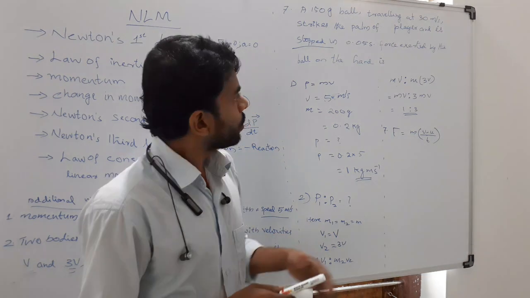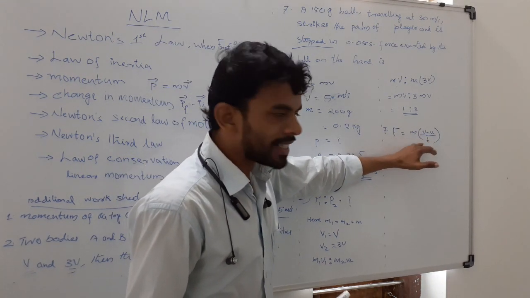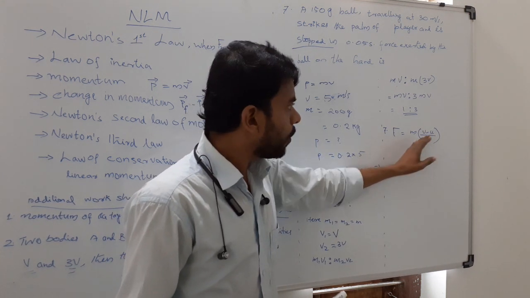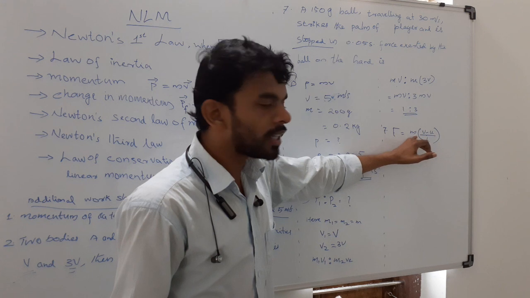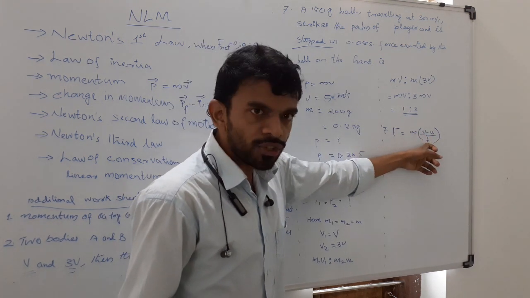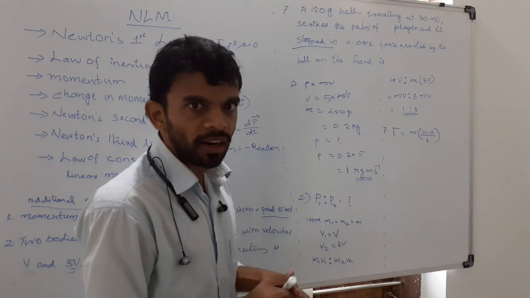Okay, so here first we are finding the force exerted by the hand on the ball. Because the velocity of the ball is changed, force is acted on the ball. That is what we are considering.